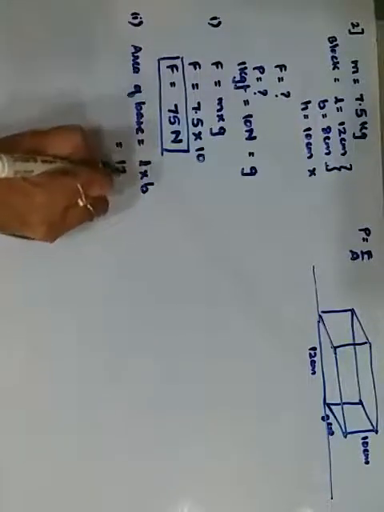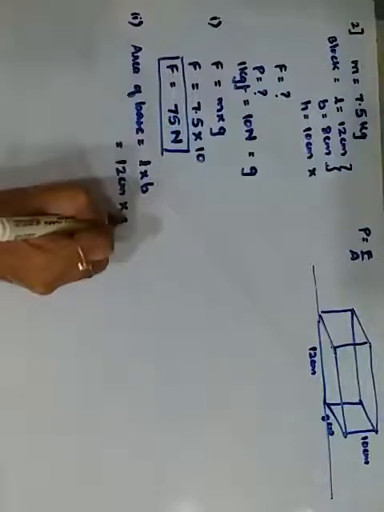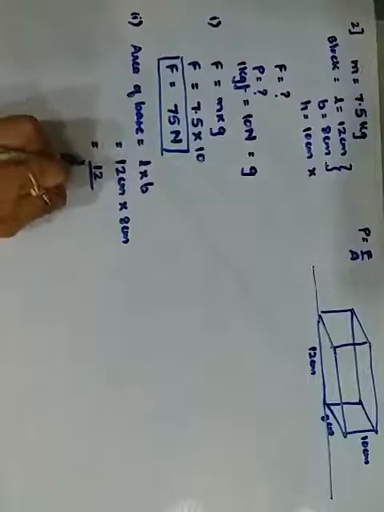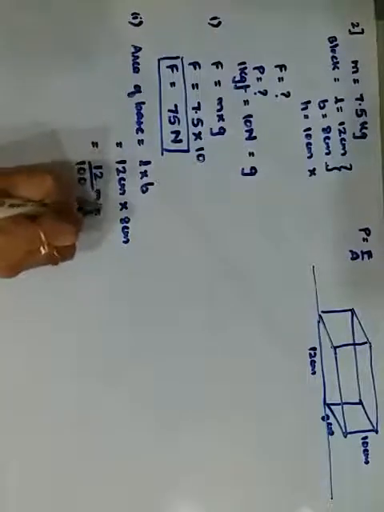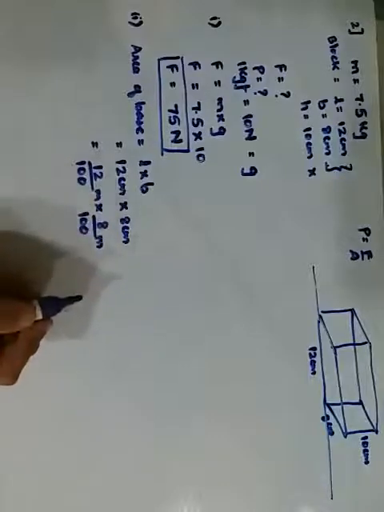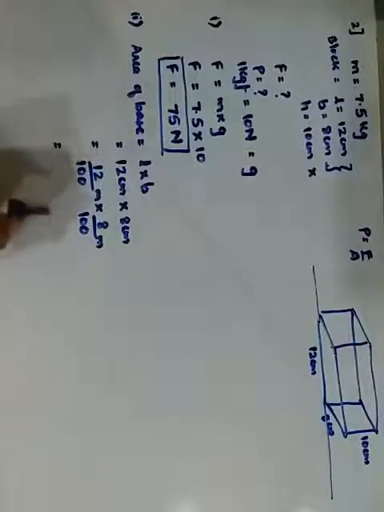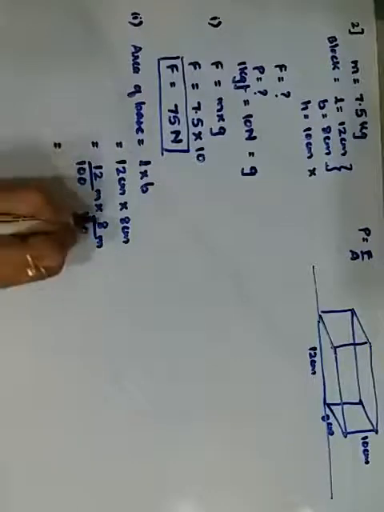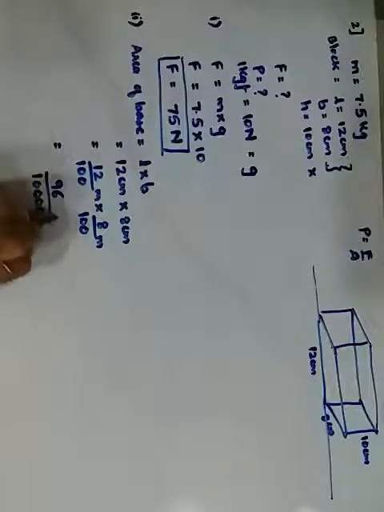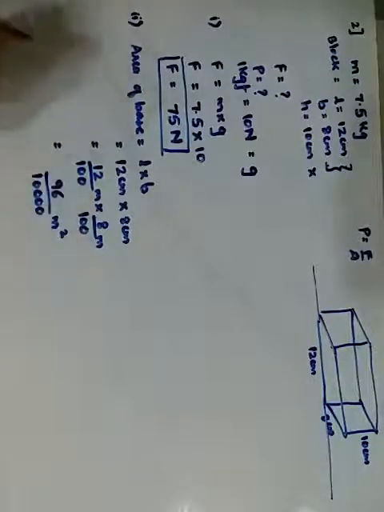Your length is 12 centimeter and your breadth is 8 centimeter. So first convert both of them into meters: 12 upon 100 into 8 upon 100. If you want you can keep it as it is or multiply. 96 upon 10000 meter square. This is your area of base.